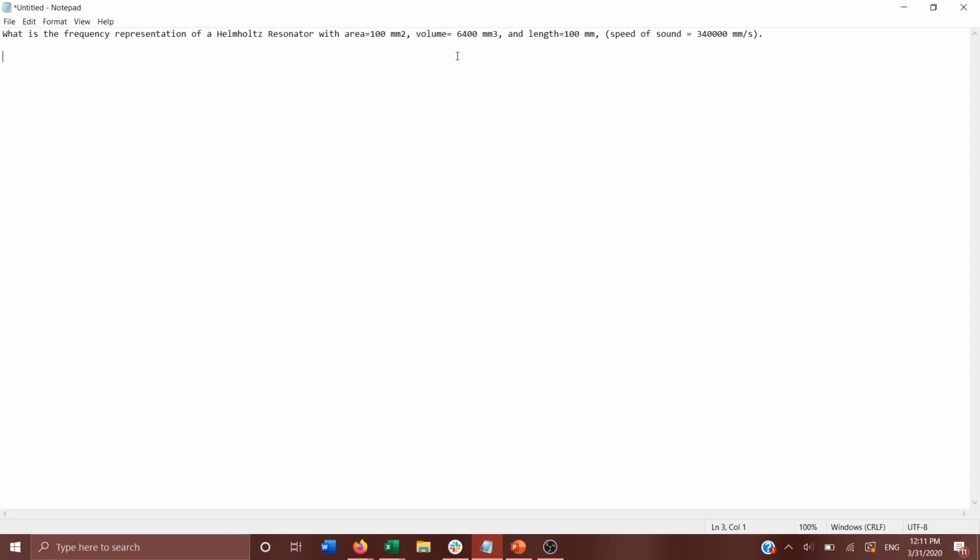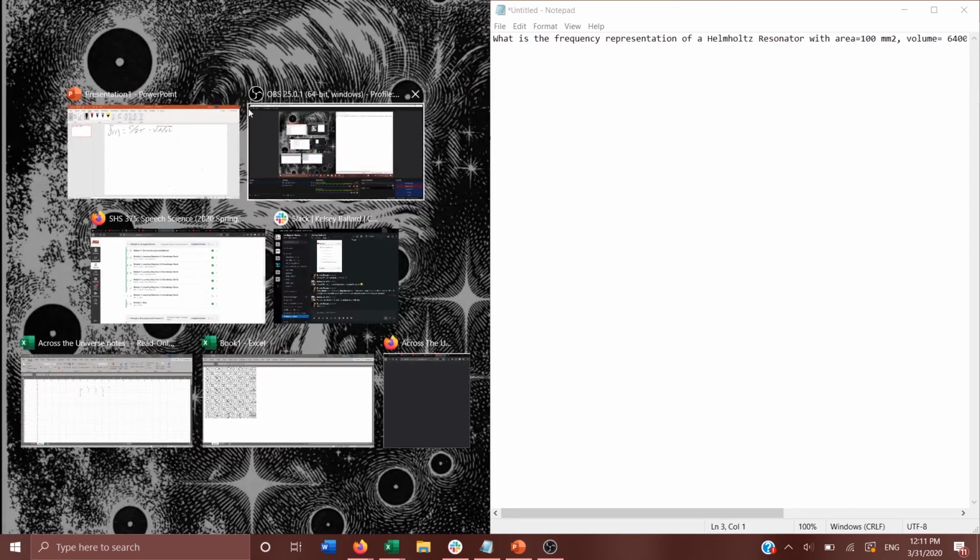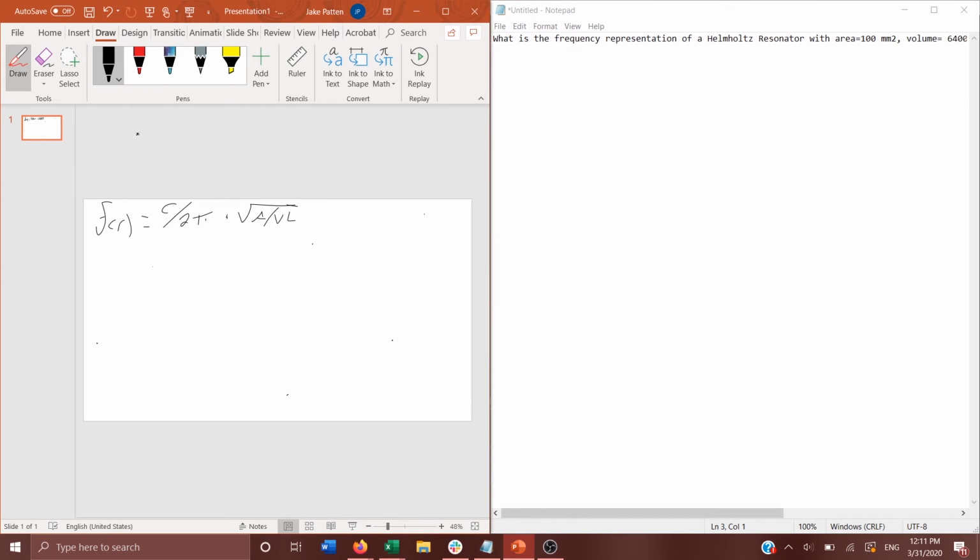The area is 100. The volume is 6,400. The length is 100.